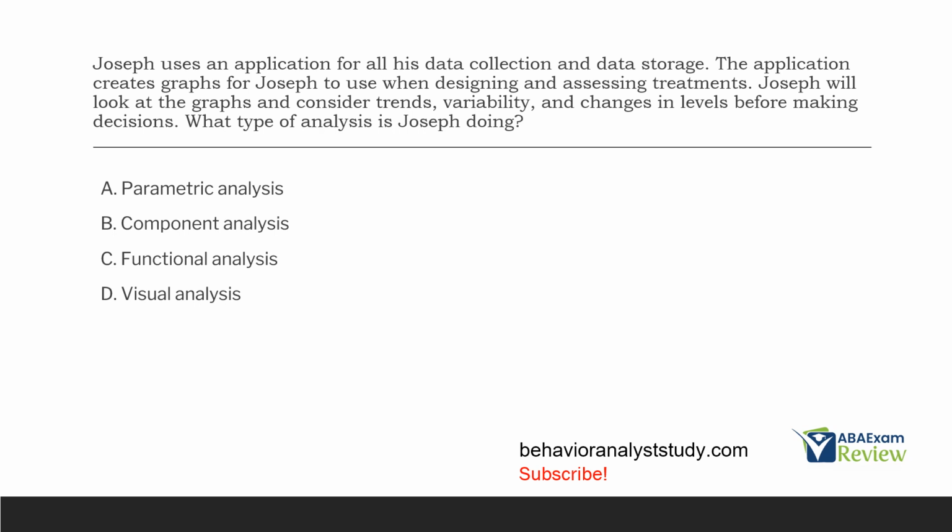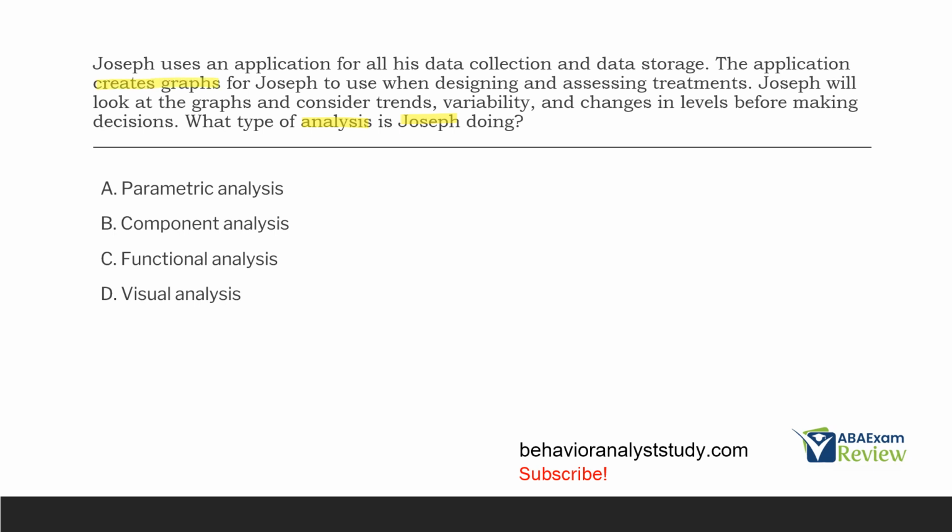So we're looking at what? We're looking at Joseph and his analysis. So what do we know about Joseph? Well, we know Joseph uses an application for data collection and data storage. A lot of companies now use these softwares and applications where you can input your data, and the application will create the graph for you.